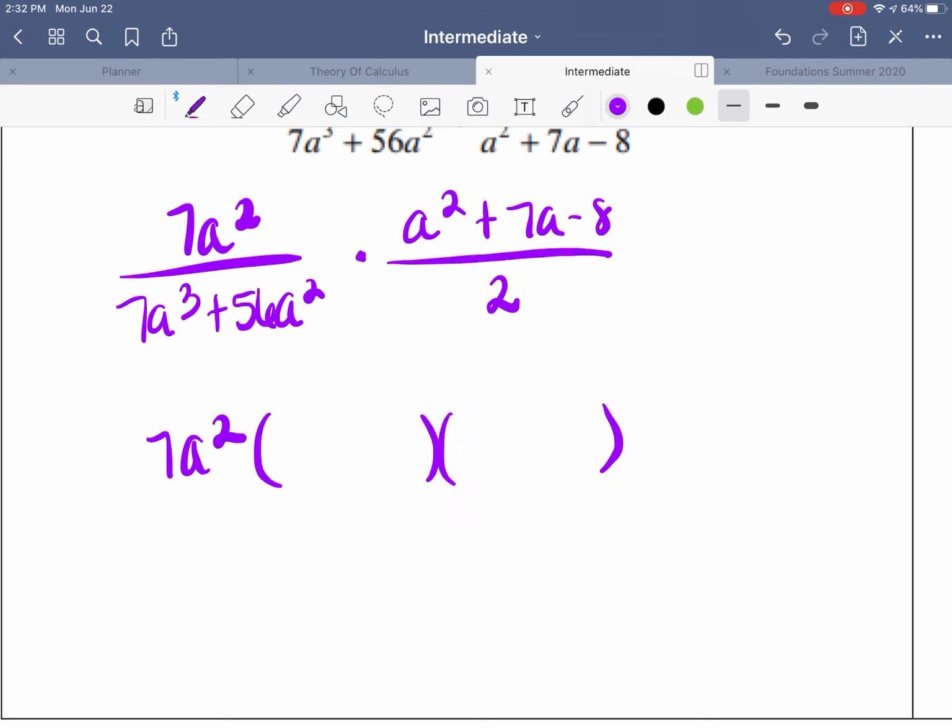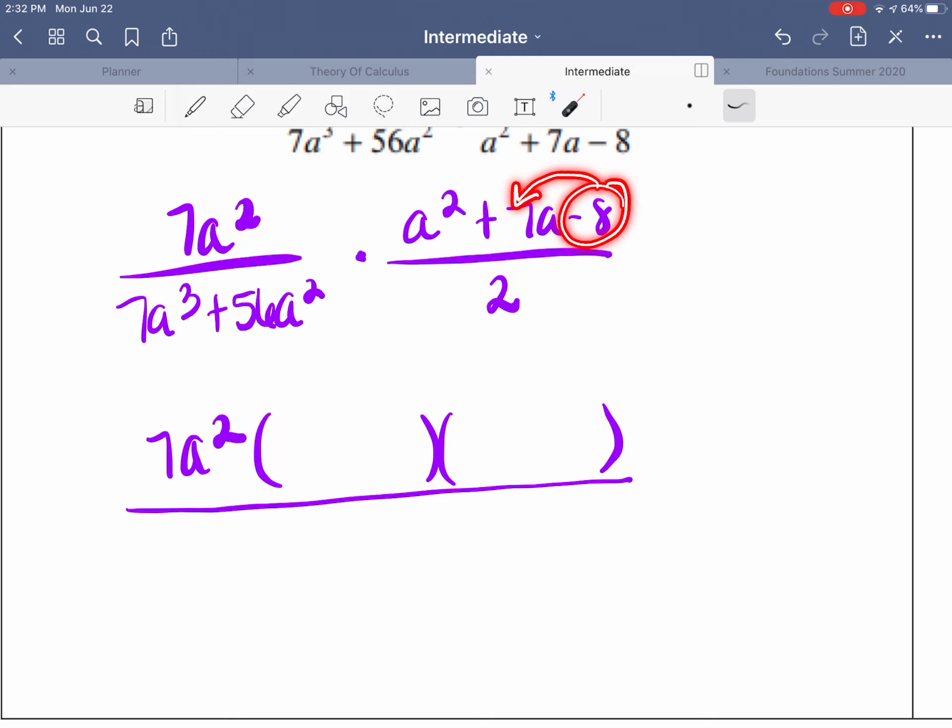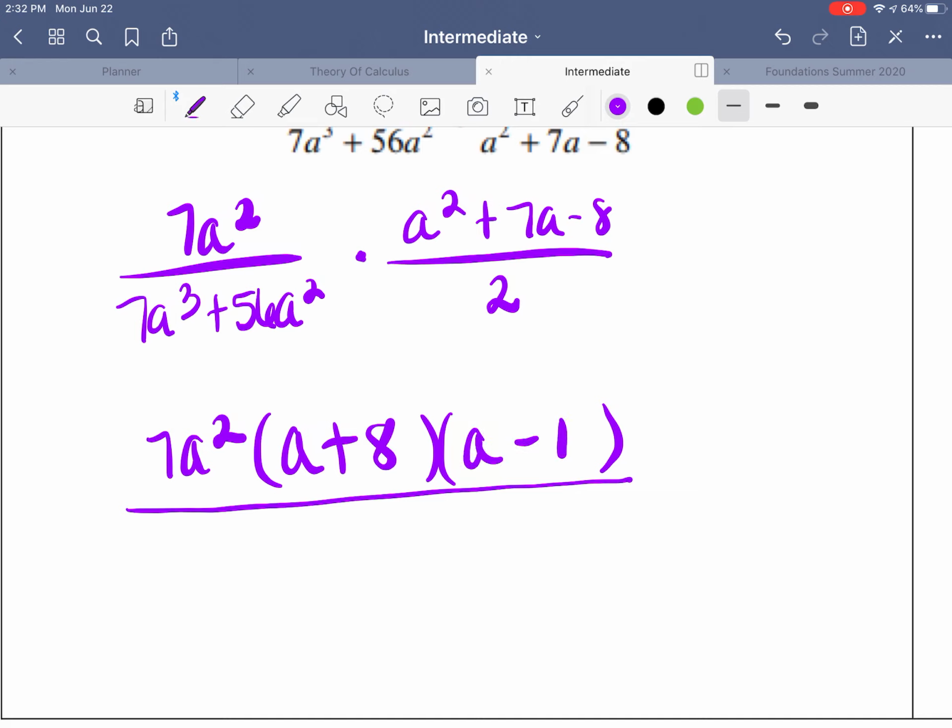I'm going to go ahead and multiply my numerator. Let's see, factors of -8 that add to 7 will be a +8 and a -1. And then I'm going to factor this.